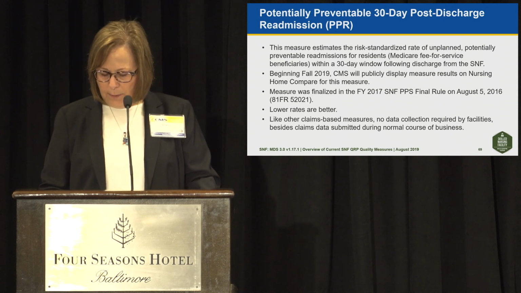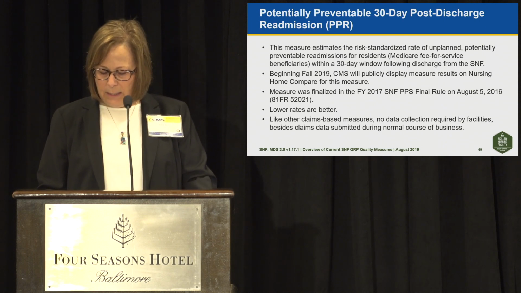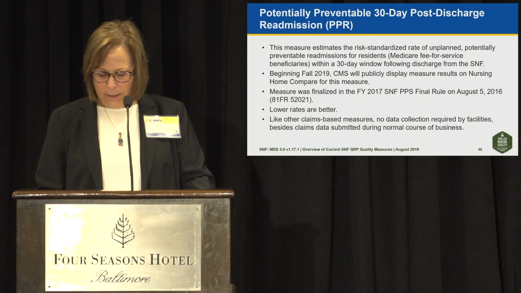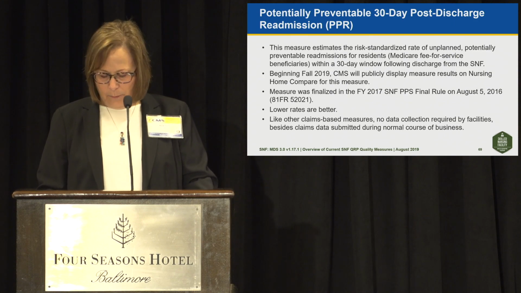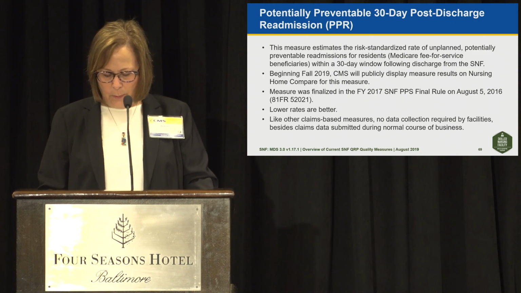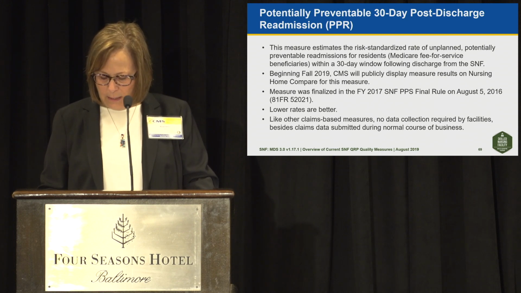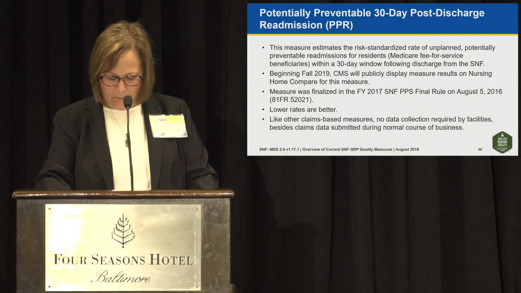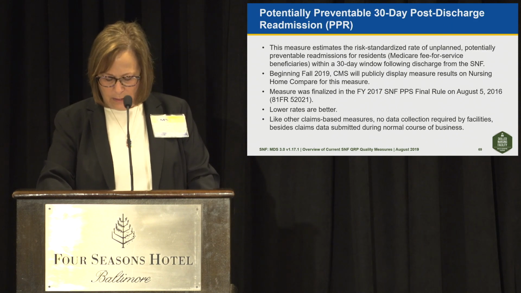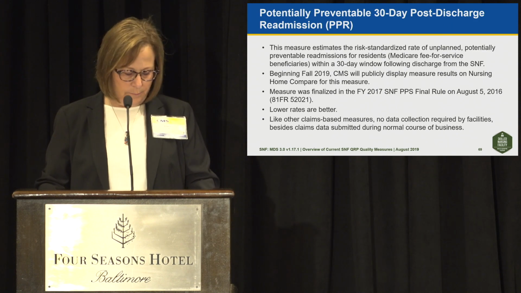CMS postponed publishing the measure in late 2018 to allow more testing to ensure that it provides a reliable, accurate picture of provider performance on quality, in line with the CMS Meaningful Measures initiative to address high-priority areas for quality measures that will help improve patient outcomes while minimizing provider burden. The refinement will be reflected in the October 2019 Nursing Home Compare quarterly refresh and the August 2019 provider preview reports.